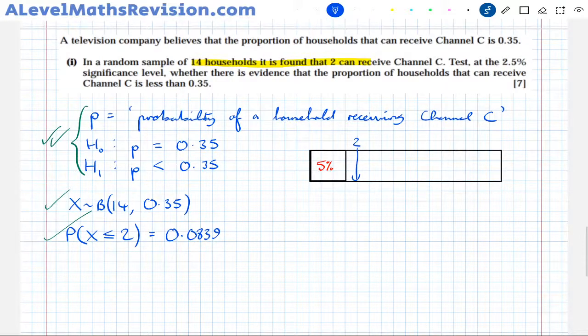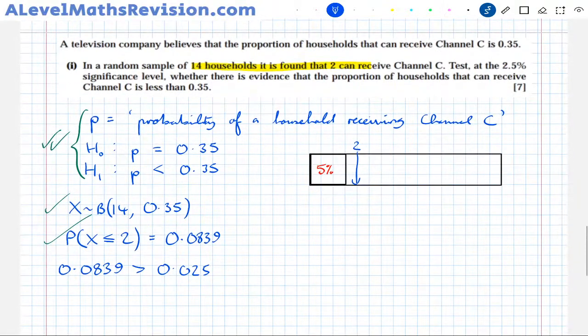So now compare it to the significance level. 0.0839 is bigger than, is outside of our rejection region, which is 0.025. So actually I've made a mistake there. I said 5% here. Now that's a common error, because it usually is 5%, but that's 2.5%.